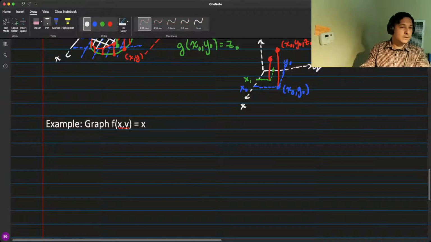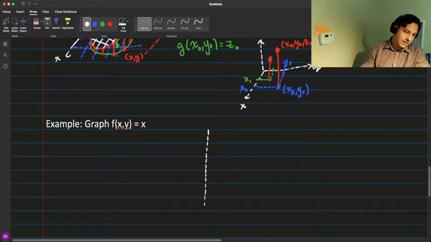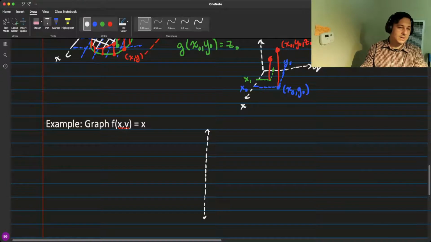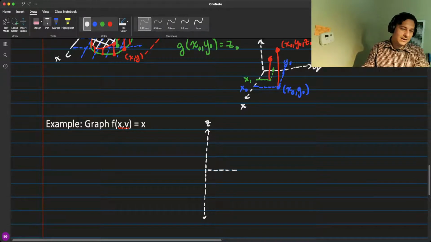Okay. So let's start by drawing our axes. So here's our y-axis. I mean z-axis. Here's our positive y.